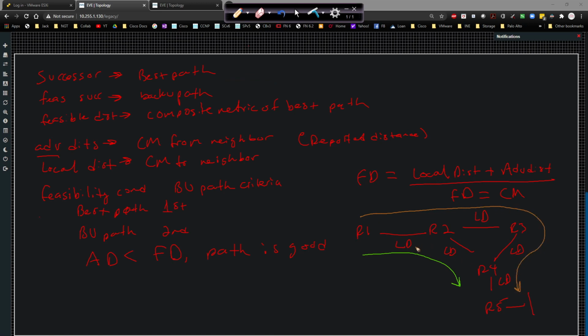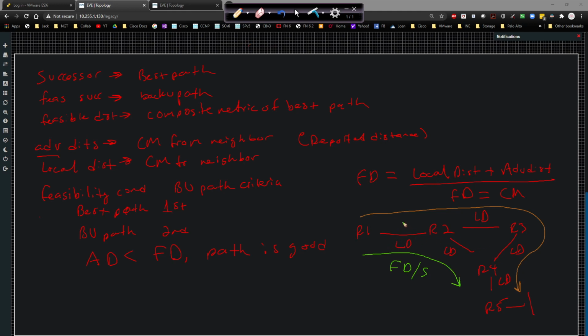Right? Which path is more preferred? Obviously, my yellow-green path is going to be your feasible distance or your successor route because it's the shortest path. It's got fewer physical hops to go through. Now, that's just based off of what we're looking at from a hop perspective.